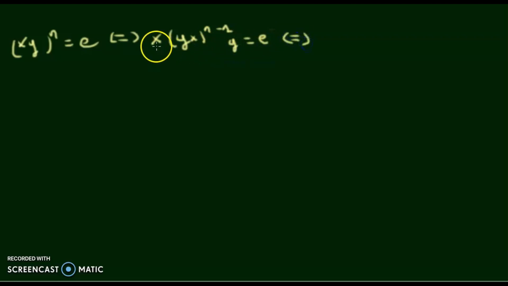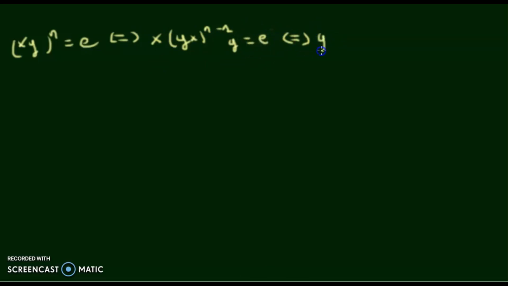So we're going to write what we know already, which is xy to the power of n equals e. And this is equivalent to what we found earlier, which is x multiplied by yx to the power of n minus 1, times y, equals e. And now I'm going to multiply by y here, and y by the neutral element.